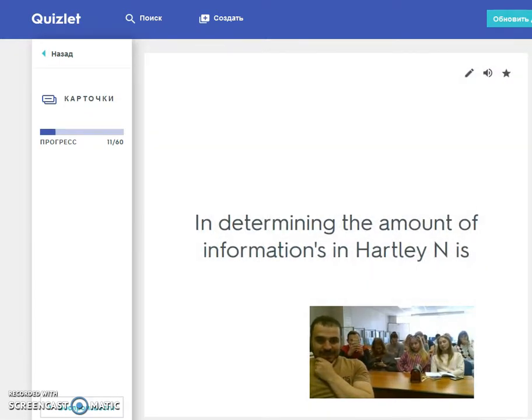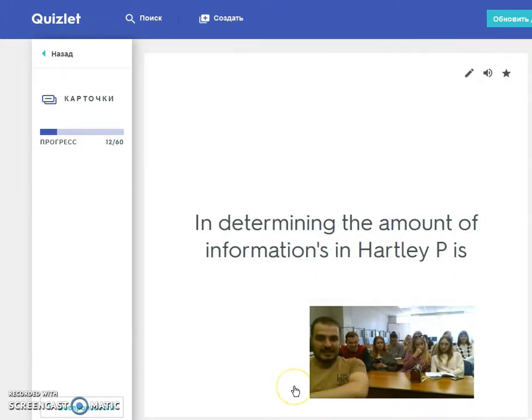In determining the amount of information in Hartley, small n is the number of characters. In determining the amount of information in Hartley, capital N is.